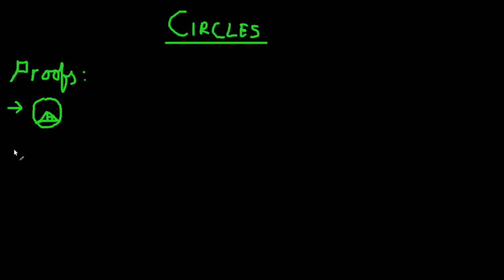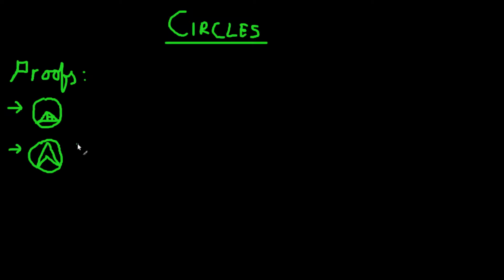The second one, which I think you should focus on, is the one with the three cases, where the angle subtended at the center is double the angle subtended at any other part of the circle. It looks something like this. I'm sure you know what I'm talking about. There were two other cases.